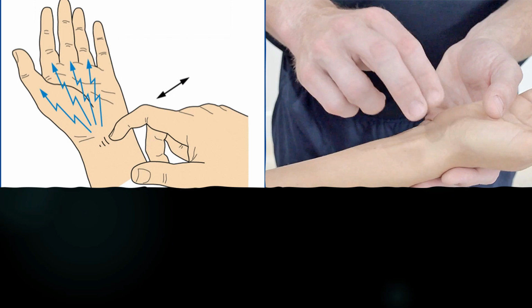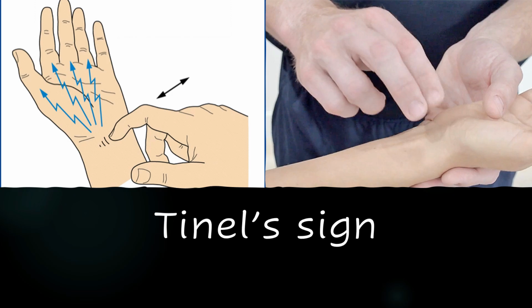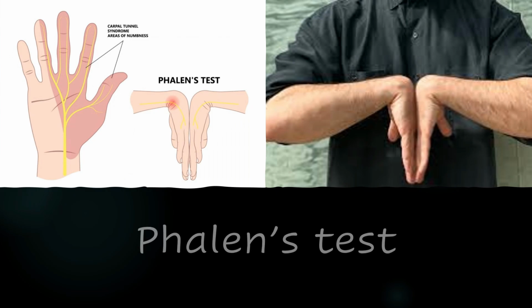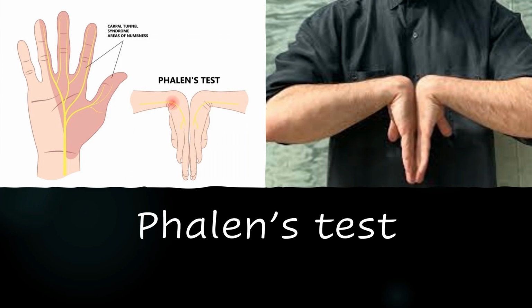There are a few tests which help in the diagnosis of carpal tunnel syndrome, and one is the Tinel sign. Here percussion over the flexor retinaculum reproduces the patient's symptoms. So there are sensations of pins and needles or burning sensation over the area of distribution of the median nerve. The other test is the Phalen's test.